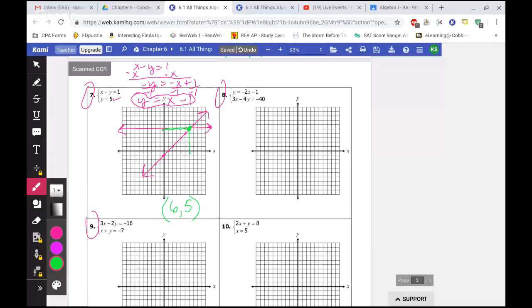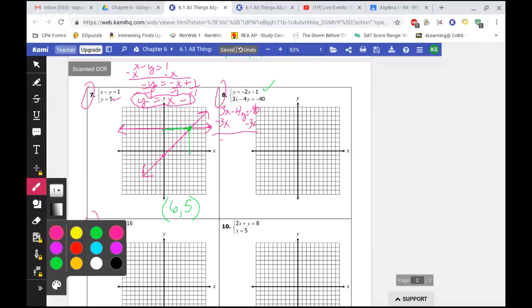Okay, number 8. Yay, the first one's already in slope-intercept form. Praise the Lord, right? The second one, we're going to get it into slope-intercept form. So we're going to subtract 3x from both sides. So now I have negative 4y equals negative 3x minus 40.